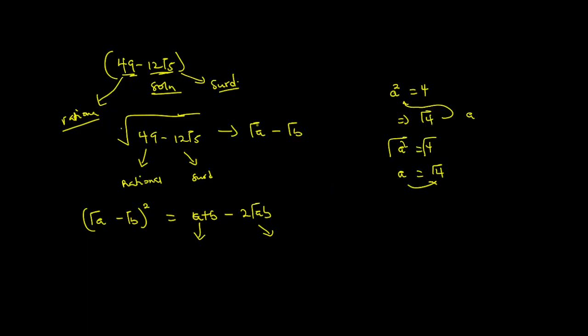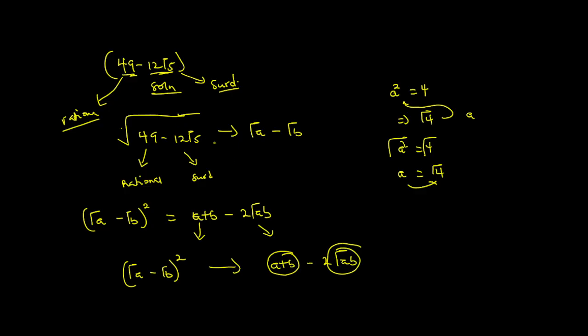Because when I have square root of A minus square root of B and I square it, it is going to give me a number of the form A plus B minus 2 root AB, right? This is a rational part. This is an irrational part, right?